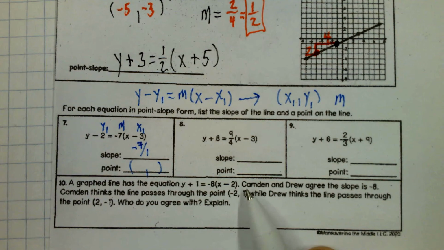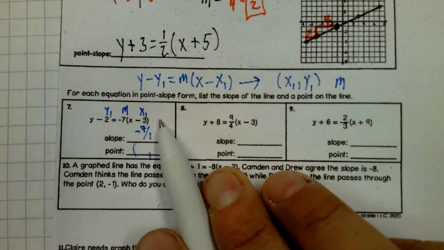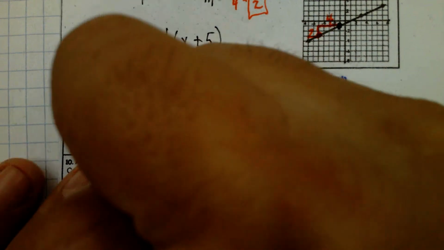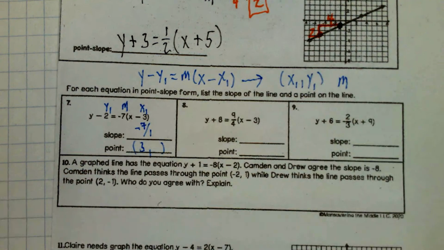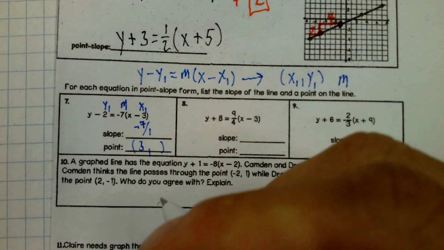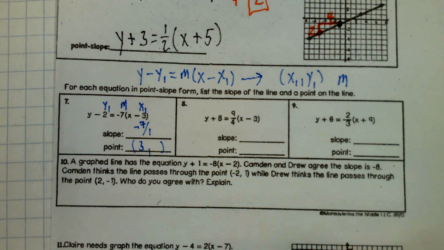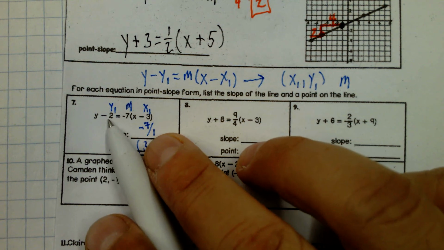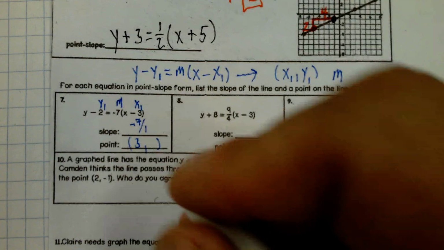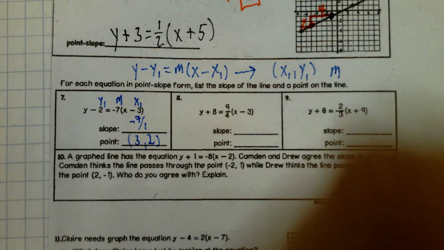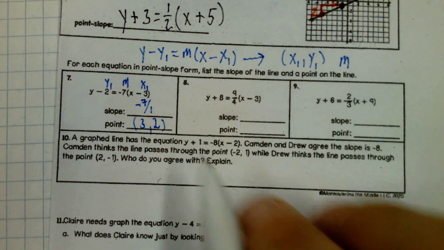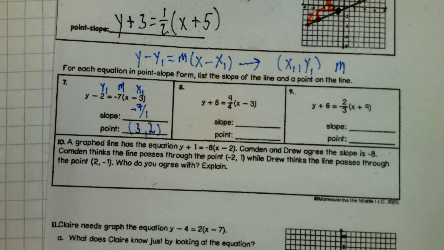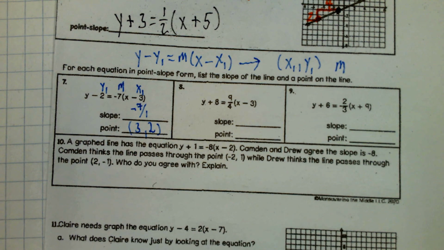So it's a reversal again, like last time. So if you see -3, it's going to be just +3. And if we see +3, then it's going to be -3. Okay, so that's going to mean this is a +3. And how about for my y1 value? That's just going to be 2. There you go. We pulled out the slope and we pulled out the point. Okay, and we're going to use that for graphing in a little bit.